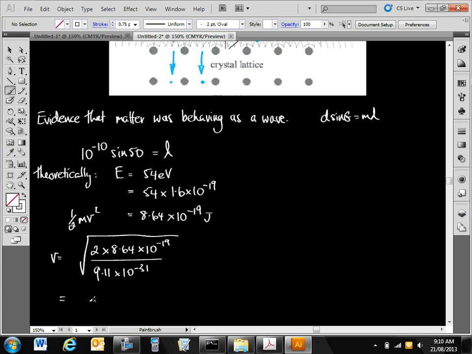We get a velocity of 4.355 by 10 to the power of 6 meters per second.